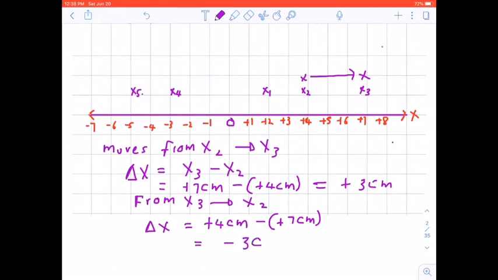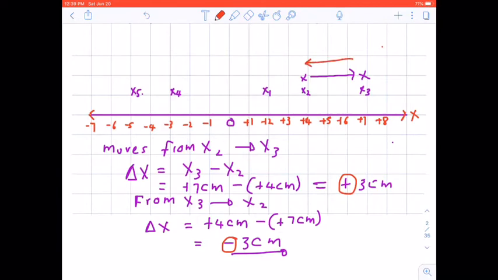Minus 3 centimeters. Right, as you can see here, the sign is minus, the sign is plus, right? So when it took the reverse direction, it went that way, right?